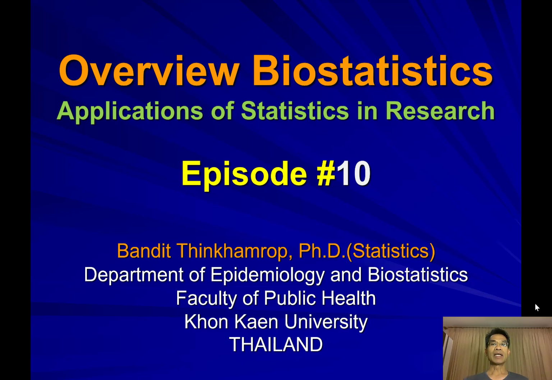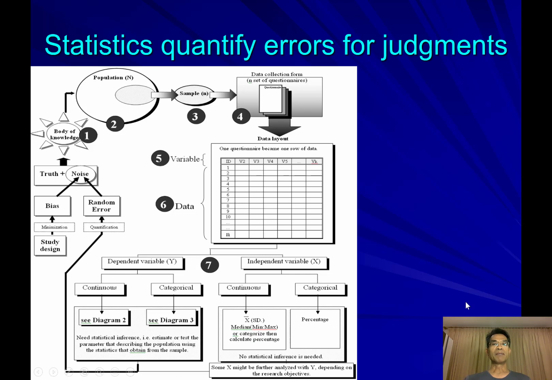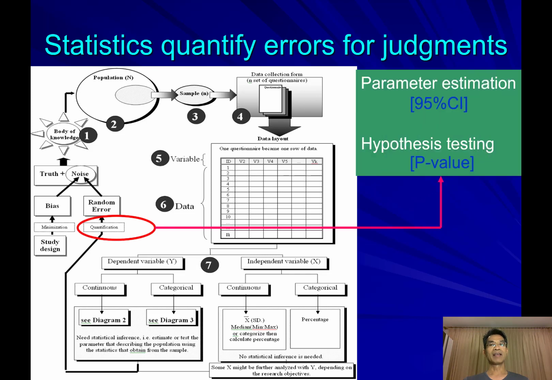This episode, I will conclude on the previous 9 episodes. I have introduced you to the role of statistics in research, that it aims to quantify things. One of the main things is the magnitude of effect and the error for judgment.